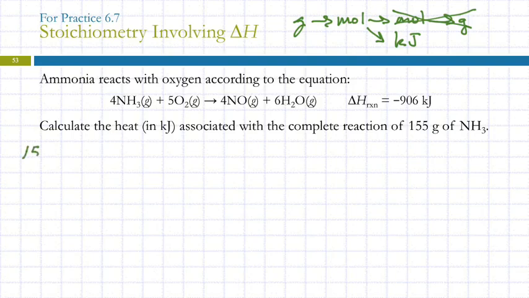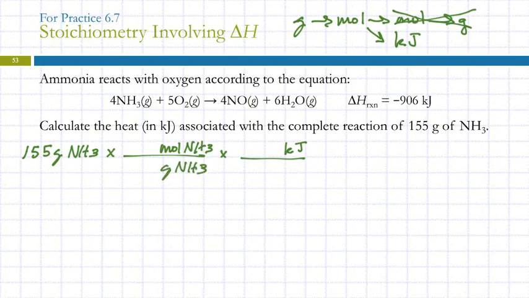So 155 grams of ammonia. I want to go to moles of ammonia, and then to kilojoules. I'm going to put the units in the denominators to make them cancel out.